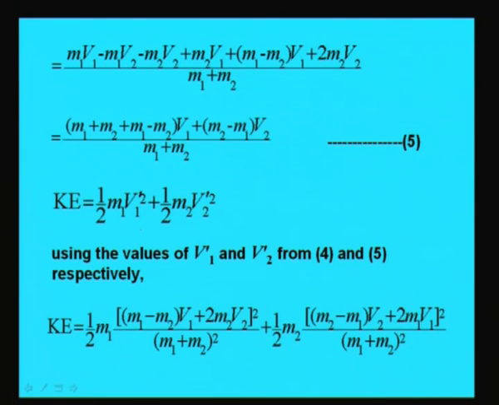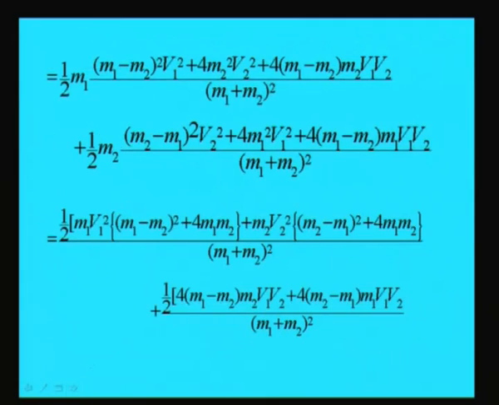Now we write the kinetic energy after impact, that is half M1 V1 prime square plus half M2 V2 prime square, and if we use the values of V1 prime and V2 prime from equations 4 and 5 respectively, we get kinetic energy equal to half M1 times ((M1 minus M2) V1 plus 2 M2 V2) whole square, plus half M2 times ((M2 minus M1) V2 plus 2 M1 V1) whole square, divided by (M1 plus M2) square.